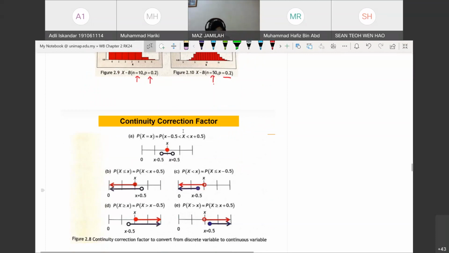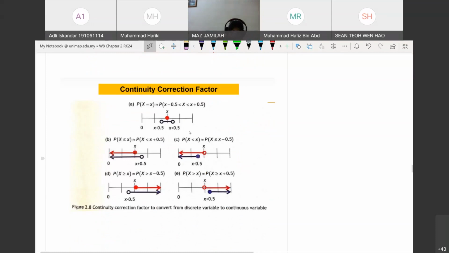The continuity correction factor is involved if you are given an equation for finding a random variable equal to a certain value of x, so you need to apply this transformation, or correction factor, to your problem.